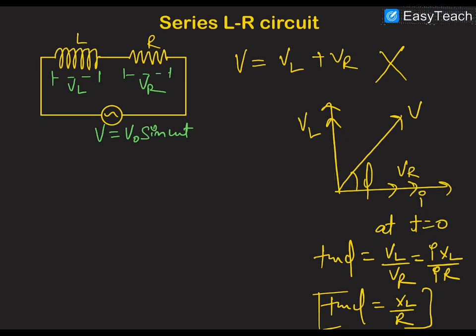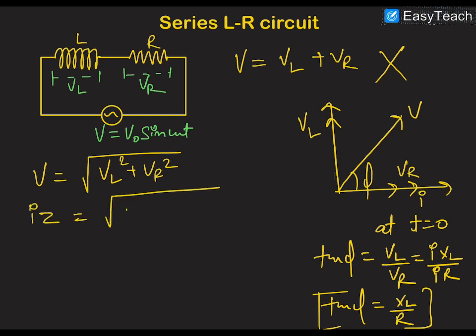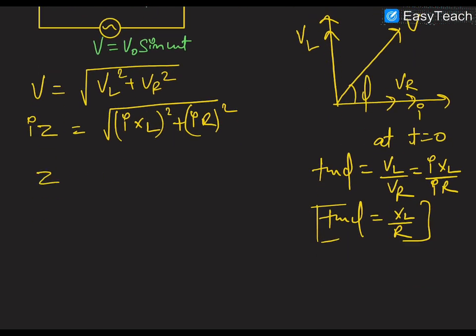Now V will be equal to the square root of VL square plus VR square, and V will be equal to I Z. VL is I XL and VR is I R. Cancelling I with I, we can see that Z will be equal to the square root of XL square plus R square.